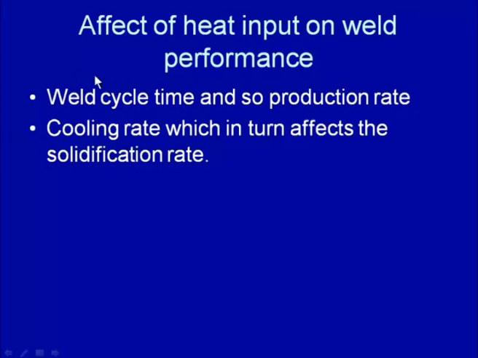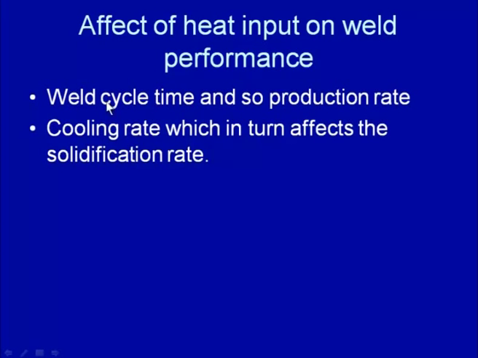So, the total weld cycle time includes the time during which the current is supplied, and thereafter solidification and cooling down to the room temperature, and if more heat is applied, then it will increase the time required to complete a weld cycle, and the longer weld cycle time will decrease the production rate, or the number of units that can be produced, or the length of the weld that can be made.